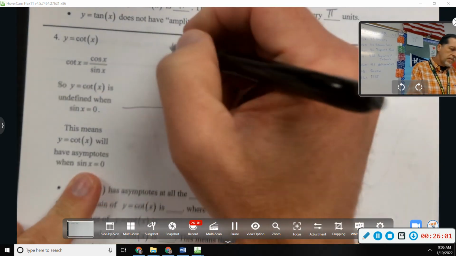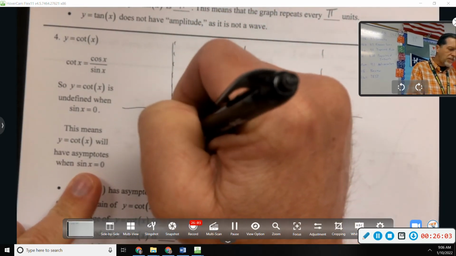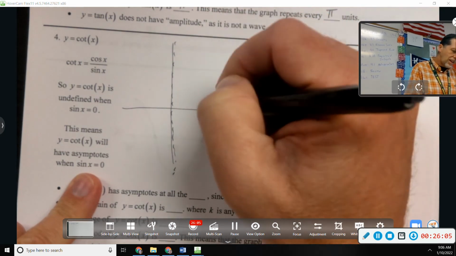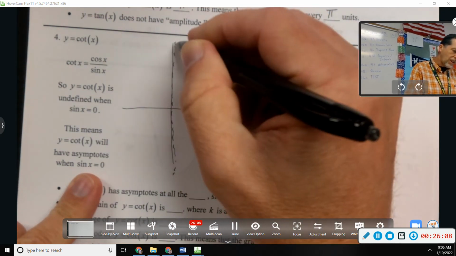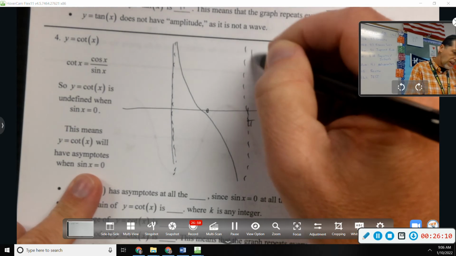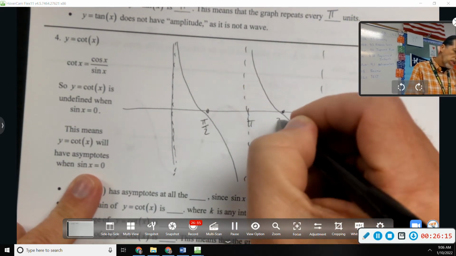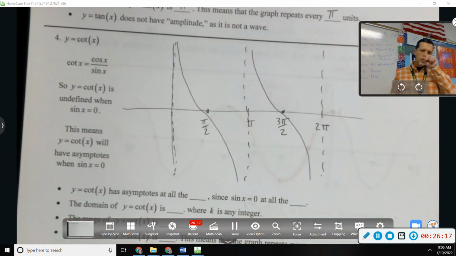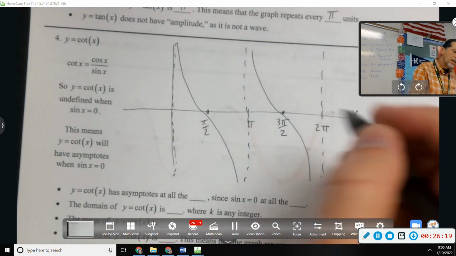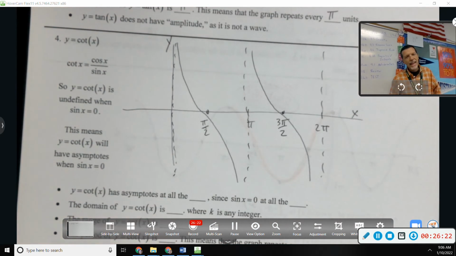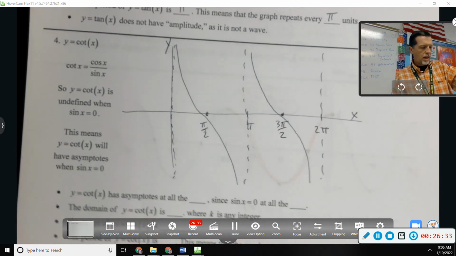Again, it's sort of like it's been shifted, except that instead of increasing, it's decreasing. So there's what cotangent looks like. Again, not nearly as important as tangent. And you can fill out the properties later.